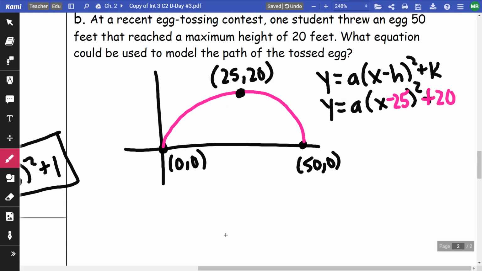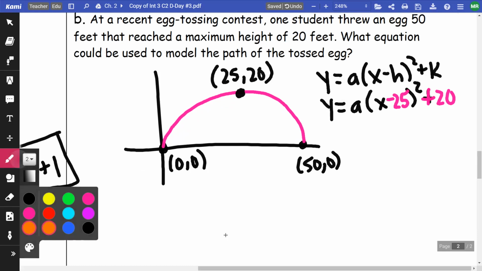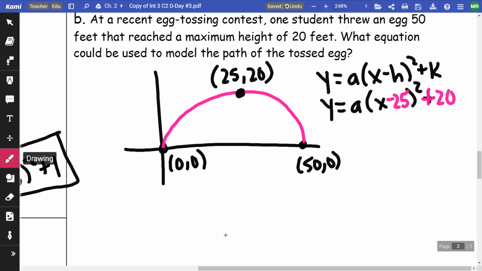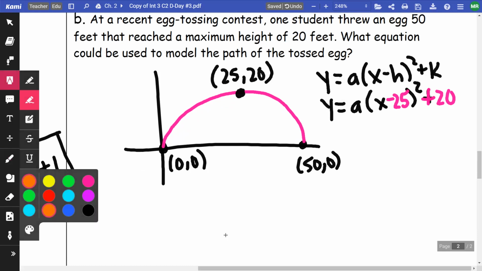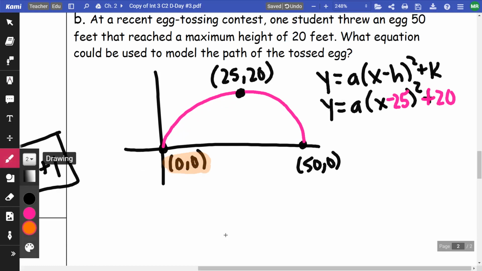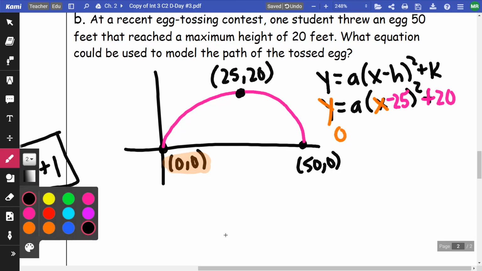Then to find my a, I'm going to take one of these 2 points, and I think probably the easiest point would be 0, 0. And so I'm going to put that in for my x and my y. So I'm going to get 0 is equal to a times (0 minus 25) squared plus 20.